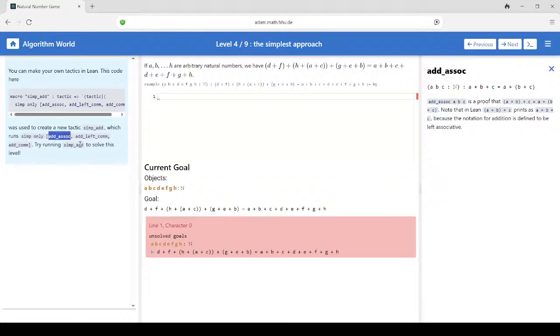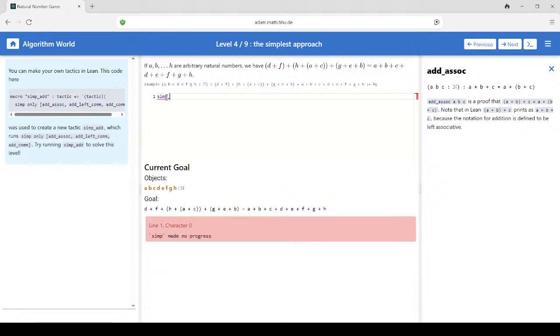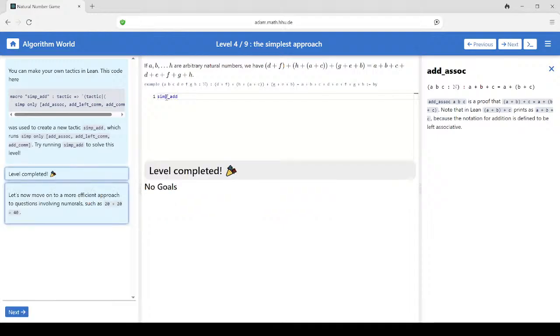It'll rearrange the parentheses, it'll push all the parentheses to the left, it'll do its thing, and then it'll finish, and that's that.